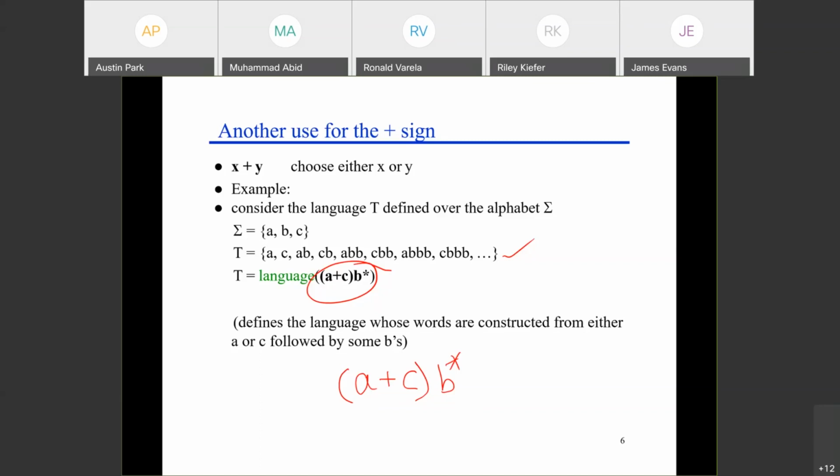So if you see, this defines the language whose words are constructed from either A or C followed by some B's. Whenever you have this star, how do you define this in English? Followed by some B's. Because if you write followed by B's, it does not mean that lambda will be there. You are making sure that it is followed by B's.